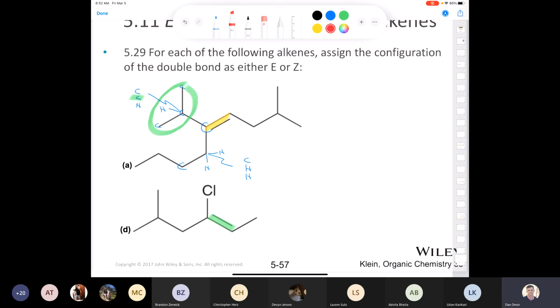Now the next carbon is a little bit simpler, I think, because it's got a hydrogen attached to it, which has the lowest atomic number on the entire periodic table, and then it's got a carbon attached to it. So clearly the isobutyl group is going to be higher priority. So could anybody tell me, would this be an E or a Z alkene?